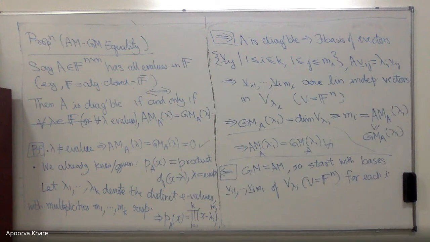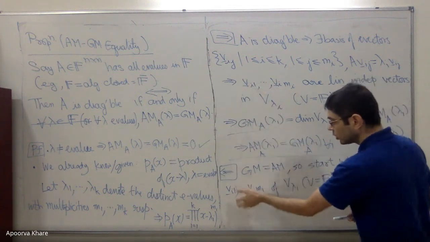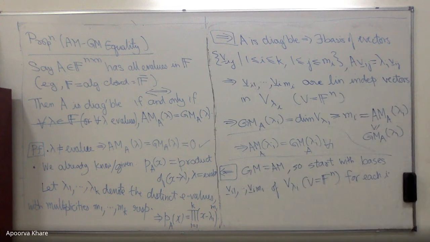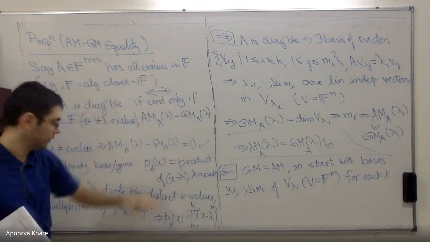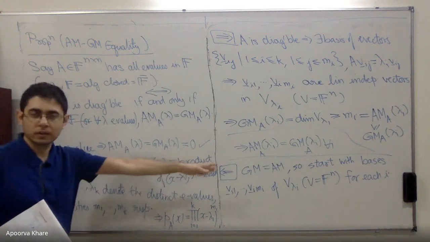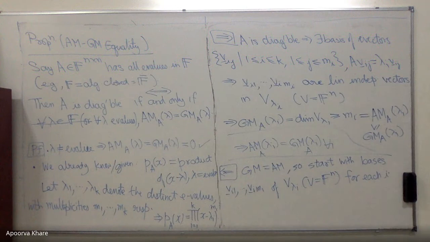Because we know that this is now a basis, not just linearly independent, we know the dimension is equal. Remember, I denoted the dimension before I started the "only if". So these m_i are already known to me, already set as notation.